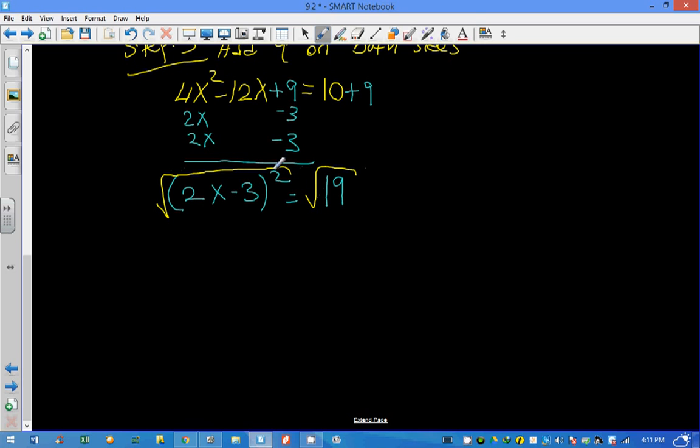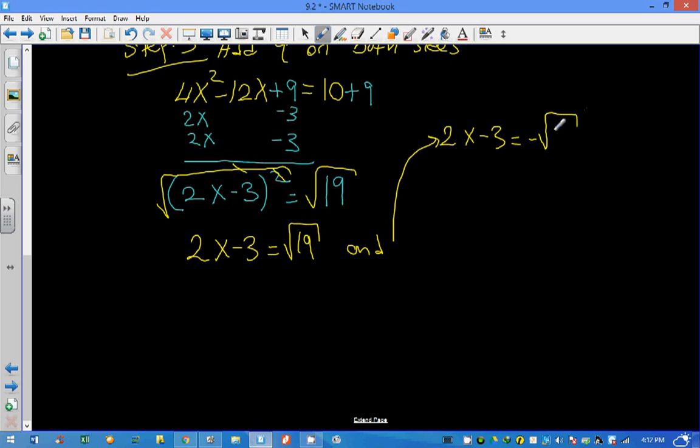And we are almost done. Square and root cancel each other out. 2x minus 3 equal root 19. And 2x minus 3 equal negative root 19. So plus 3 and plus 3. 2x equal root 19 plus 3 over 2 over 2.